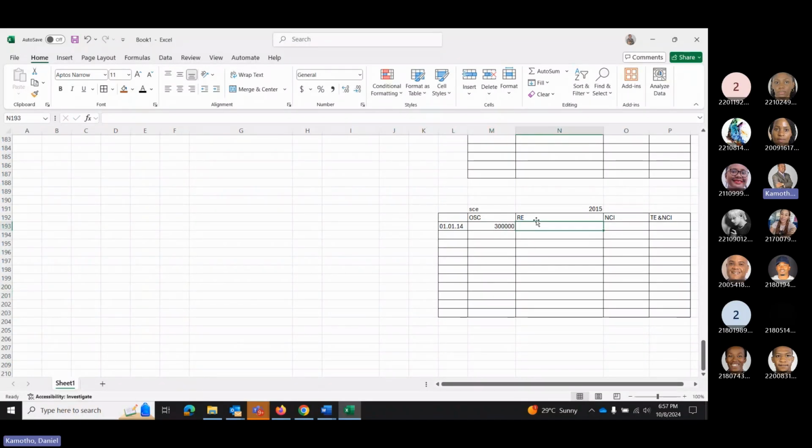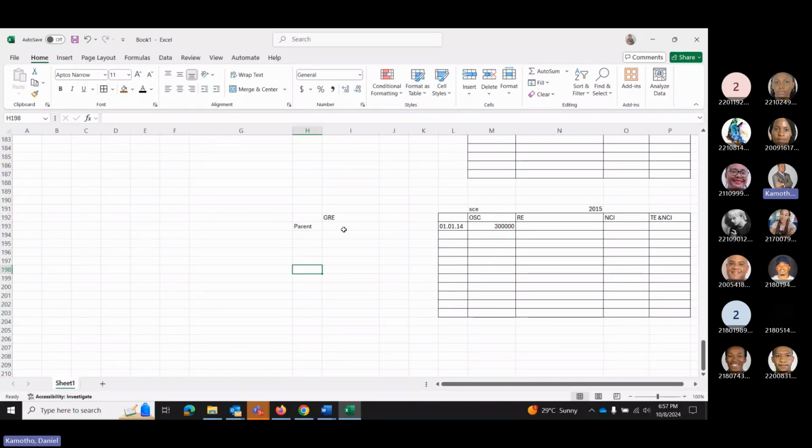The group retained earning that will be reflected in the consolidation will be the parent plus the share of the subsidiary.